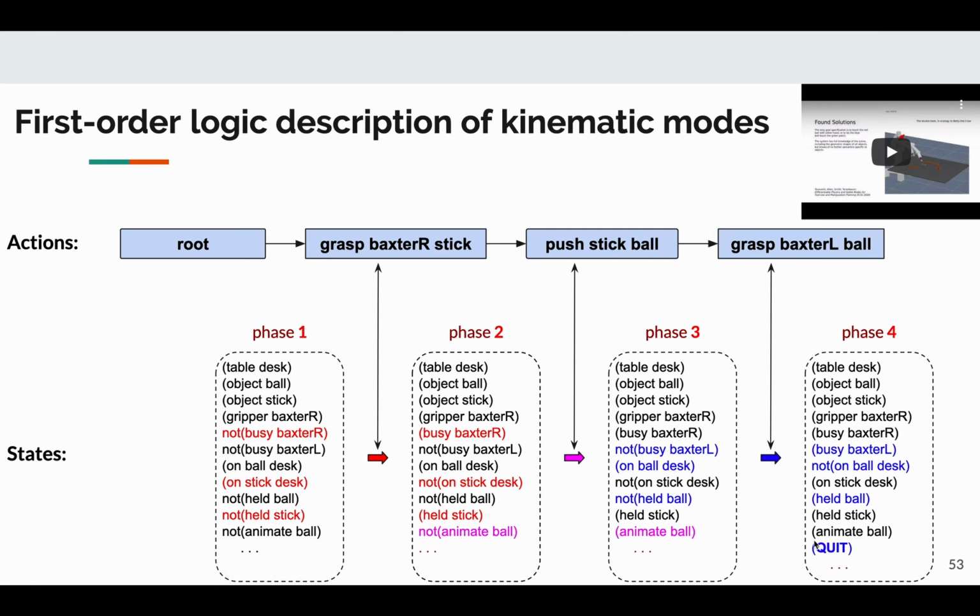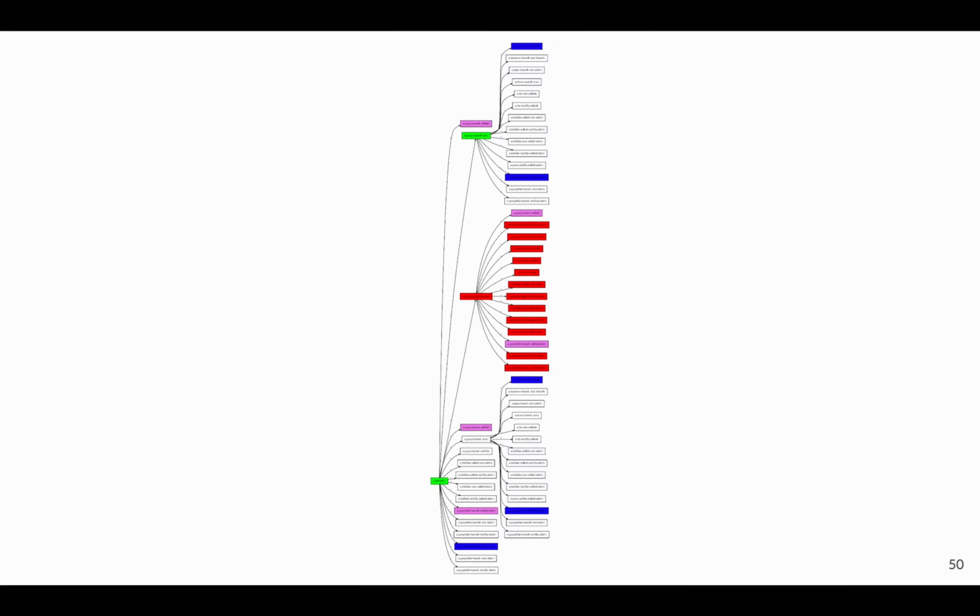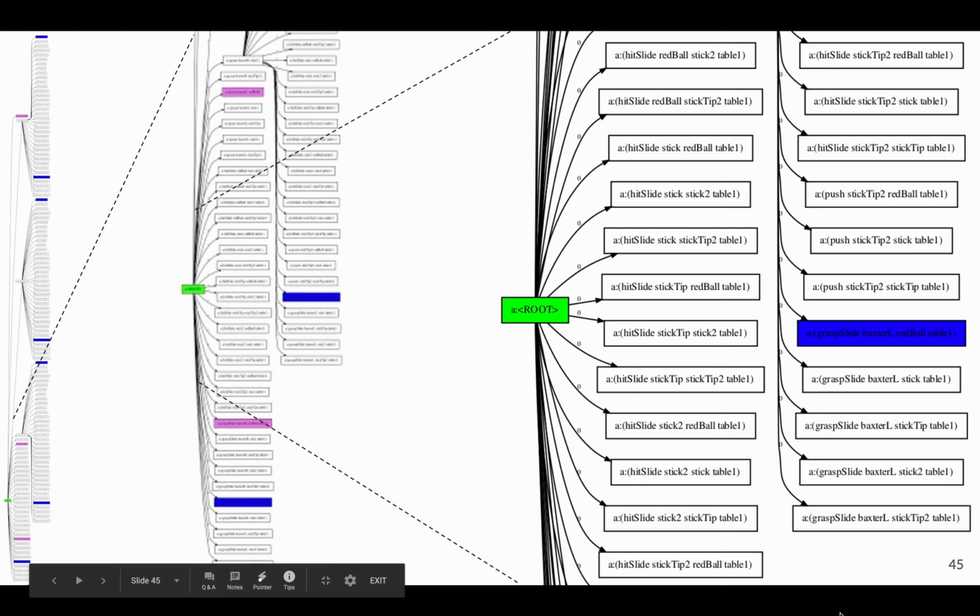But in reality, this logical sequence of actions may not bring us to the kinematic solution. Therefore, we have all this branching of the trees. Now we have to check all possible logical solutions, whether they are feasible or not in the kinematic world. So that's the connection between the logical world and the real kinematic world.